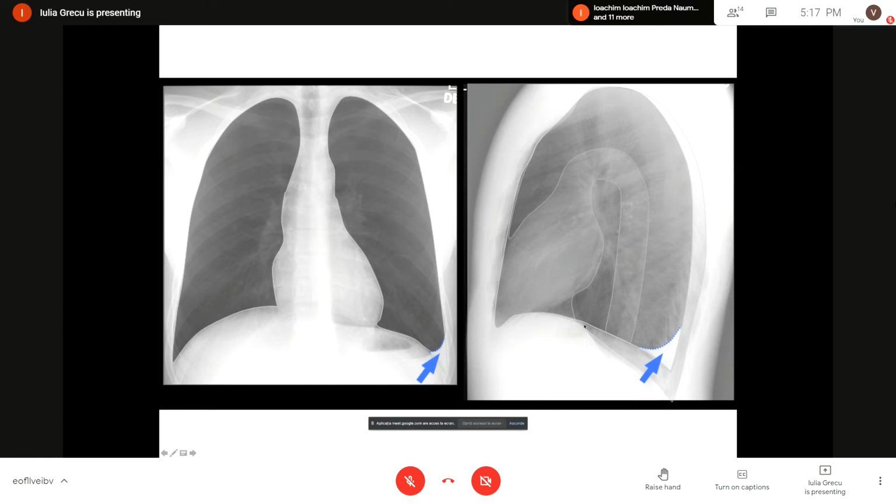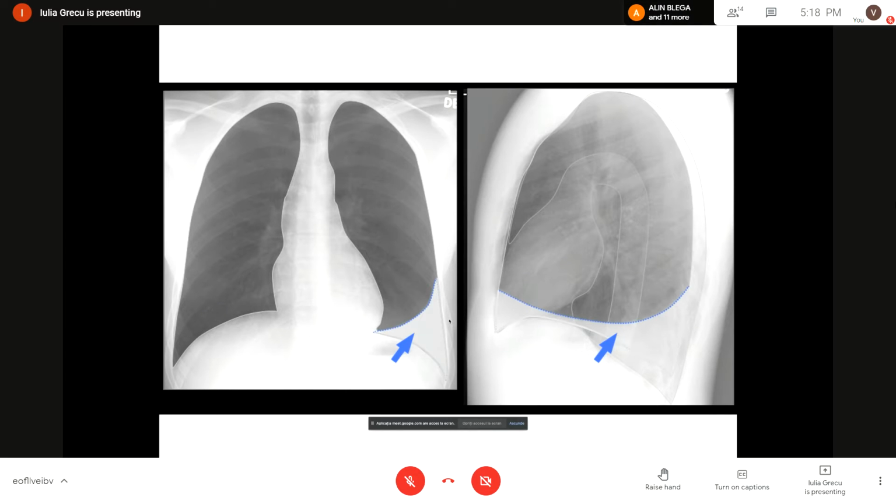Eventually, as the fluid begins to accumulate here, there will be this meniscus with concavity superior, blunting the costodiaphragmatic angles, first laterally, then extending towards the medial part in the cardiophrenic angles.